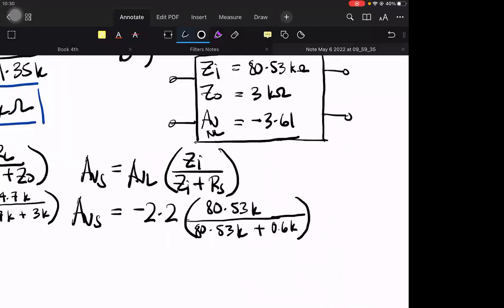I think our gain will not be affected much by the source of our amplifier. So multiply negative 2.2 by 80.53 over 80.53 plus 0.6. It is 2.18, or 2.19. Negative 2.19.